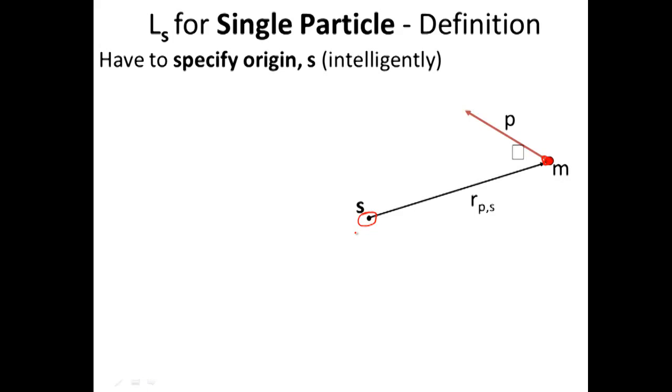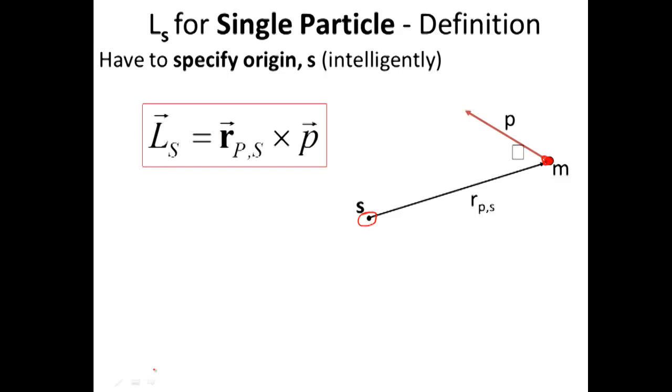And now the angular momentum is given by the vector cross product of the vector from S to the mass, or to the point, the particle, multiplied by the vector for the momentum. So that's what you need to know to find angular momentum in 3 dimensions.